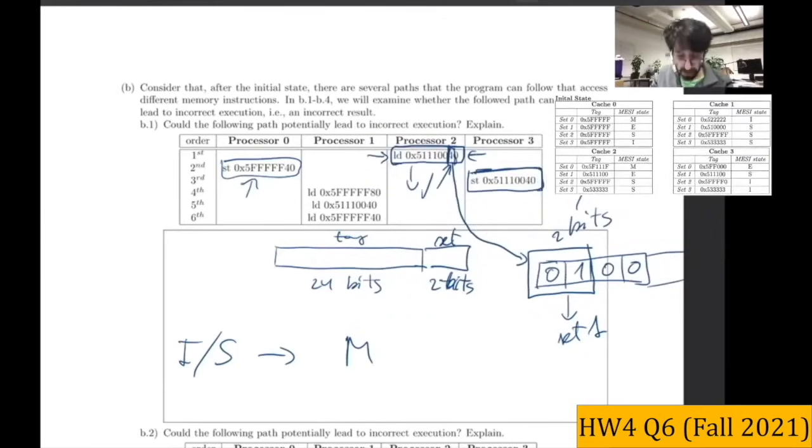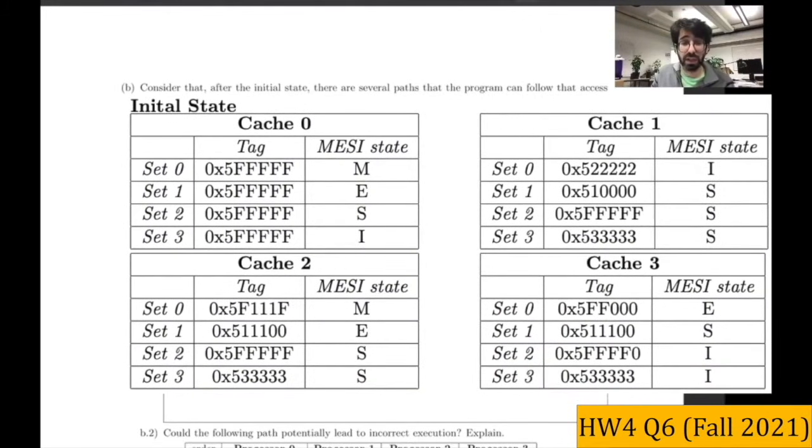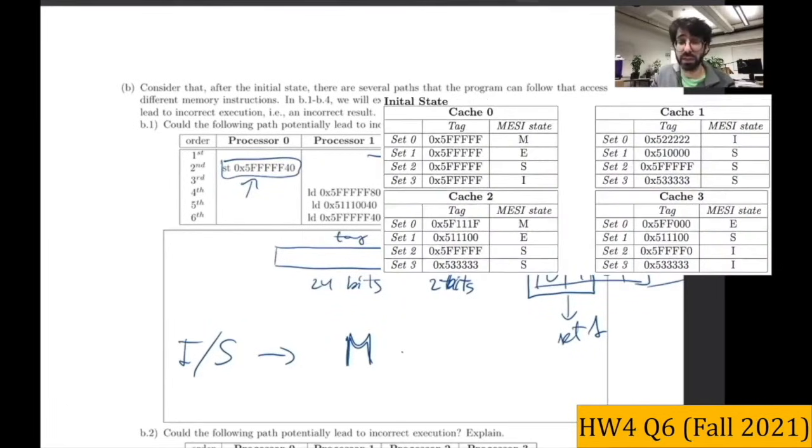And because we are writing, we also invalidate the other copies in cache 2. So there is no problem there, because we will be writing in cache 3, we will change the state to modified, and we will invalidate other copies. So there is no problem there.